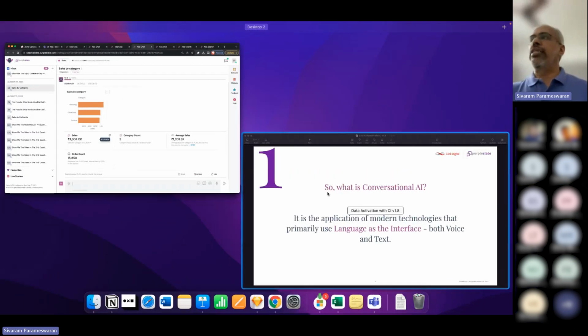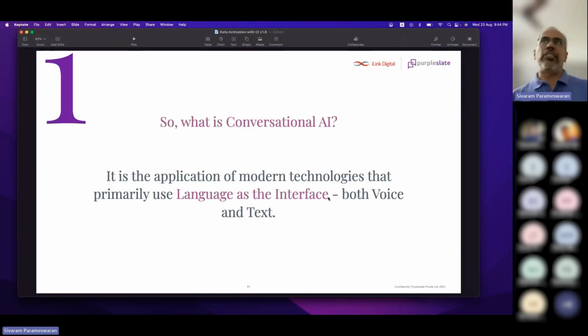So this is what I mean. One very common example of conversational AI, which many of us would have used at some point in time, is the chat bot, right? You go to the one at the bottom right corner of almost every website and ask a question. In our case, we used similar technology for data insights, like the examples I just showed you.